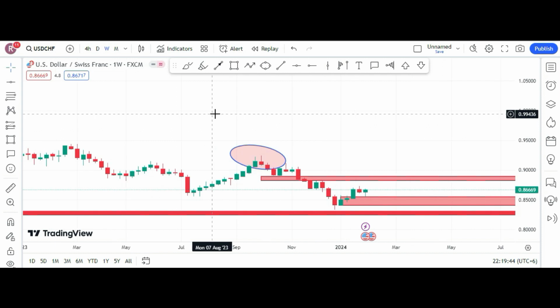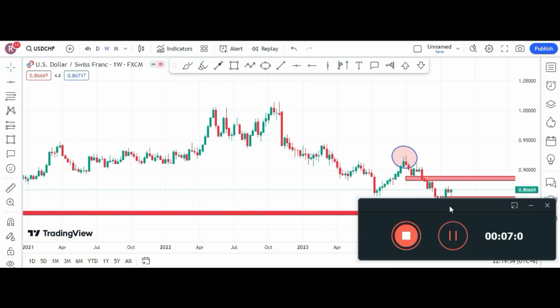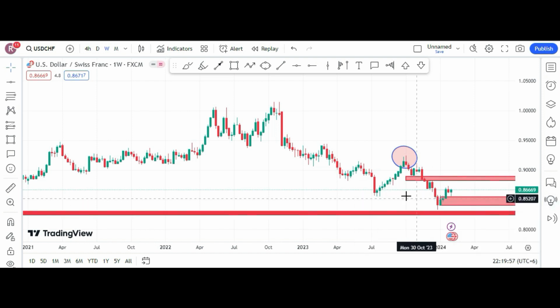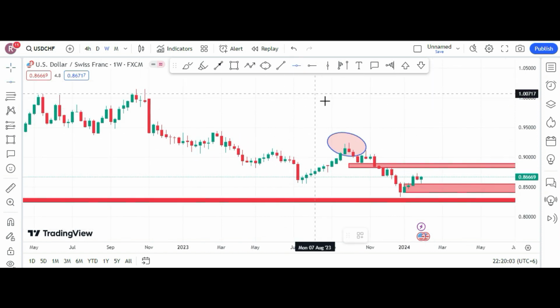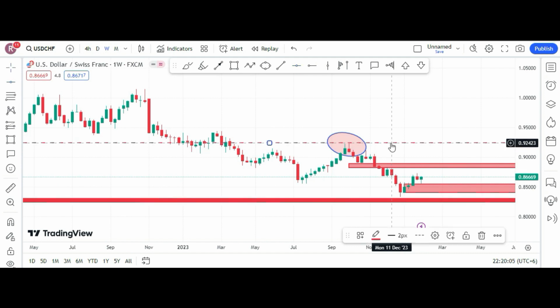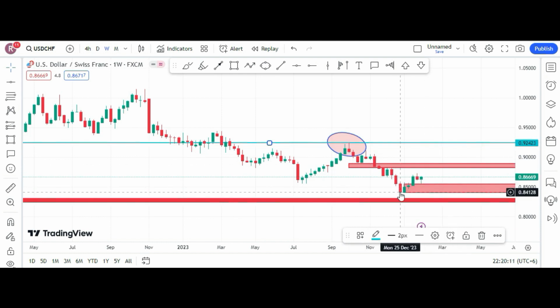Let's go to weekly. We want to see what happened here, and you guys can see now that this double top has happened from here, this green and red in weekly. So we can draw it in weekly here and change it, that this happened in weekly, and this caused the price to push back here.